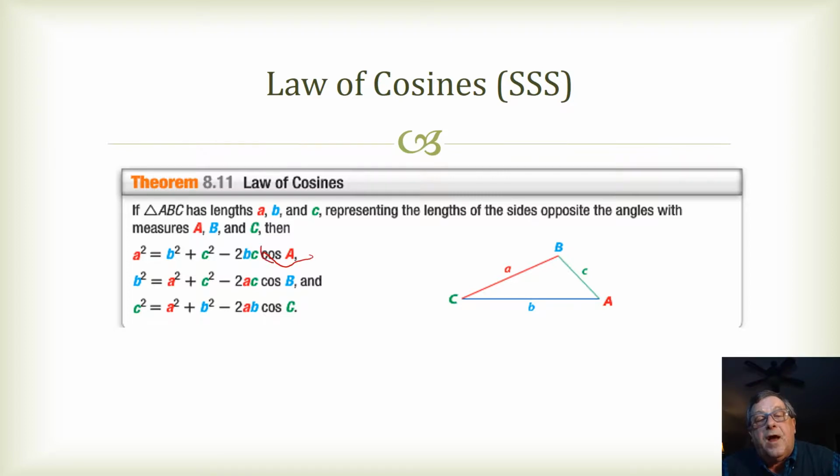And so if I'm looking to find the measure of angle A, I'm going to have a formula set up of the side length of A squared equal to the side length of B squared plus the side length of C squared minus 2 times B times C, times the cosine of A. And we're going to solve that for the cosine of A. Once we get the cosine of A isolated, we're going to take the inverse of that to find the angle measure.